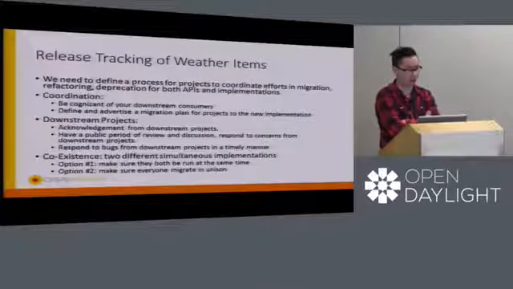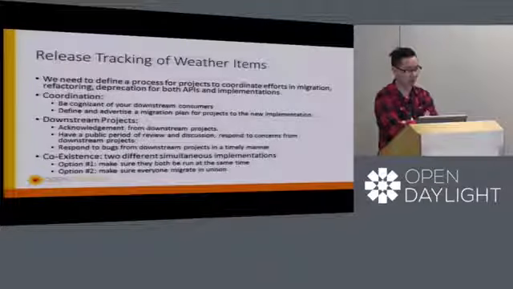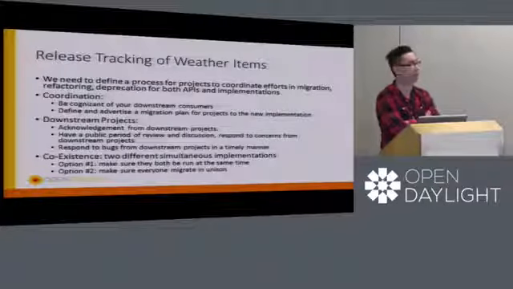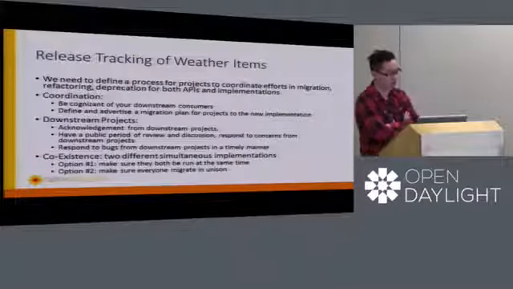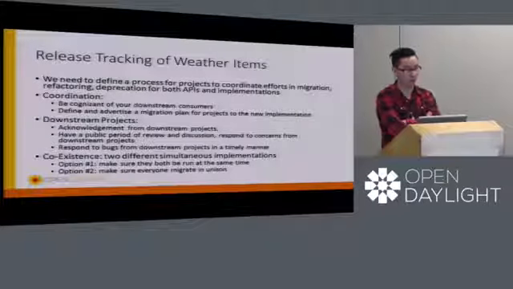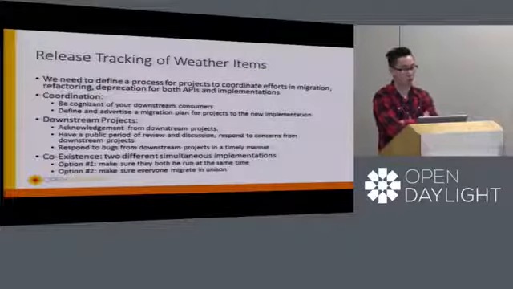All right. Any other comments from people? I'm not sure if this is the right forum to discuss this, but during the release of Beryllium, I realized that we probably need better tracking of weather items as it impacts other cross projects. Some sort of coordination, especially if you're doing any sort of refactoring or having dual implementations.